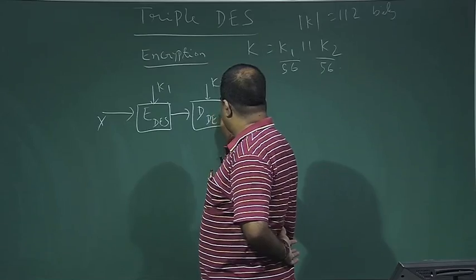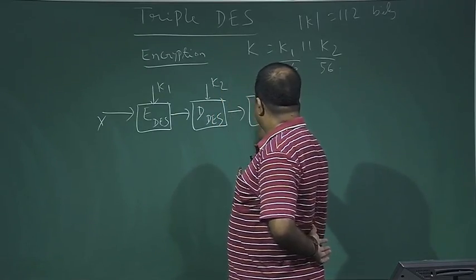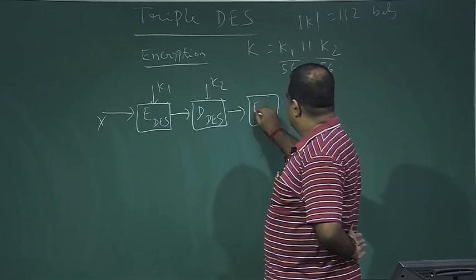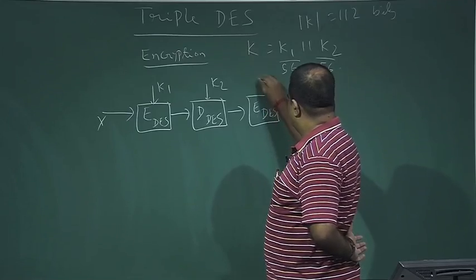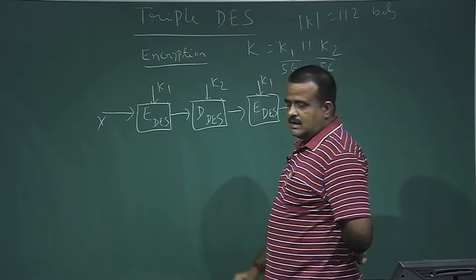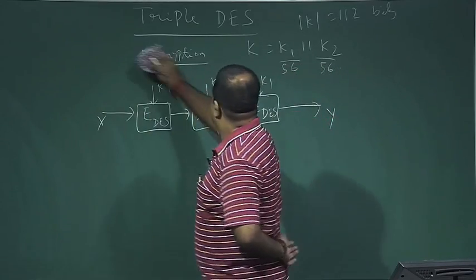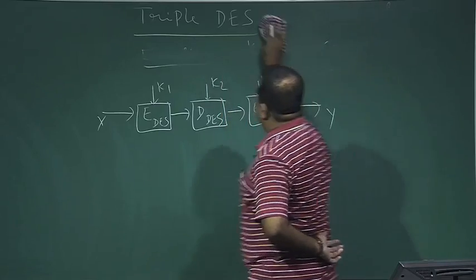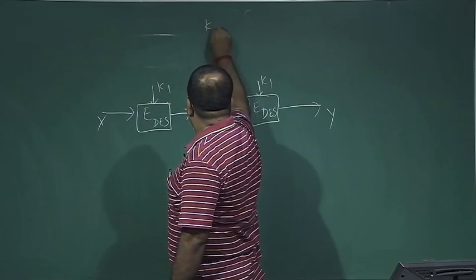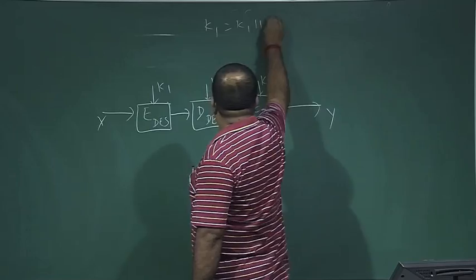This is the DES decryption with the K2, and then we will use the DES encryption again with K1, and finally we got the Y, the ciphertext. So this is the triple DES encryption. We have a key K which is basically K1 and K2 concatenation.